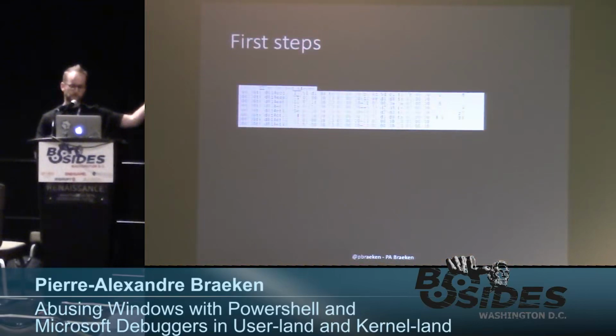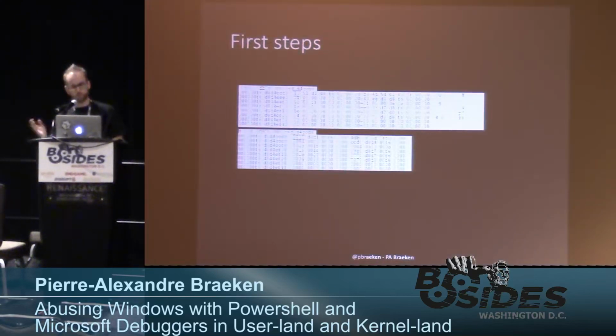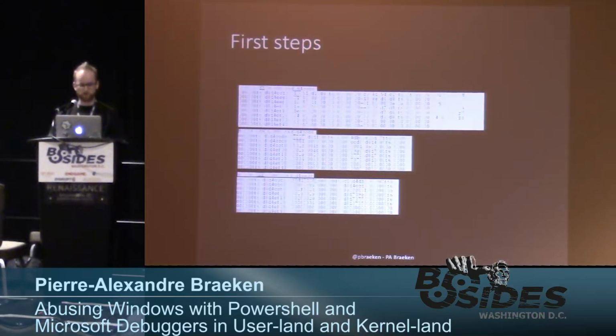When you type that, you will have this kind of information, so you see just letters and numbers. You can do that, display words for 2 bytes, display double words for 4 bytes, etc. And if you type DU, you will have the ASCII representation, so the clear text.